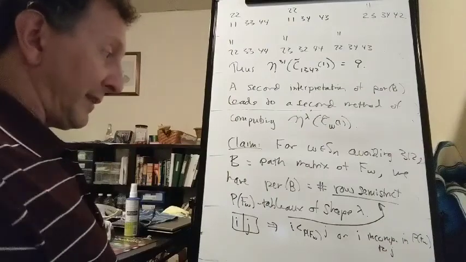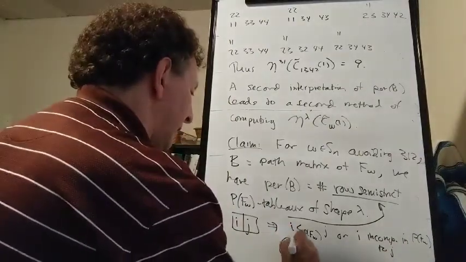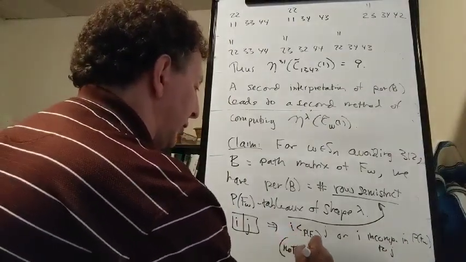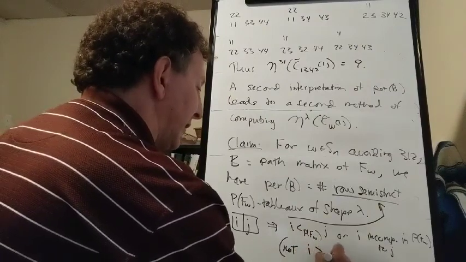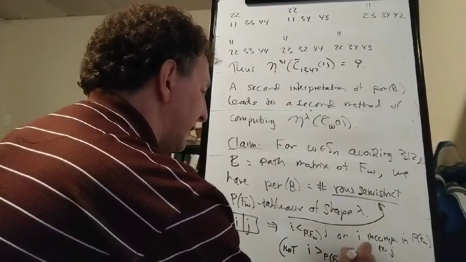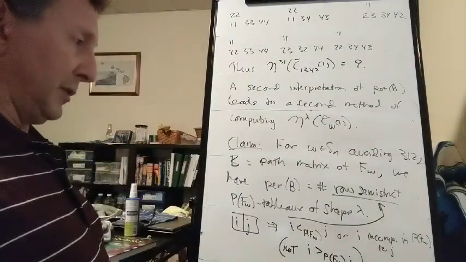So basically the only thing that's not allowed is we can't have i greater than j in the poset PFW.